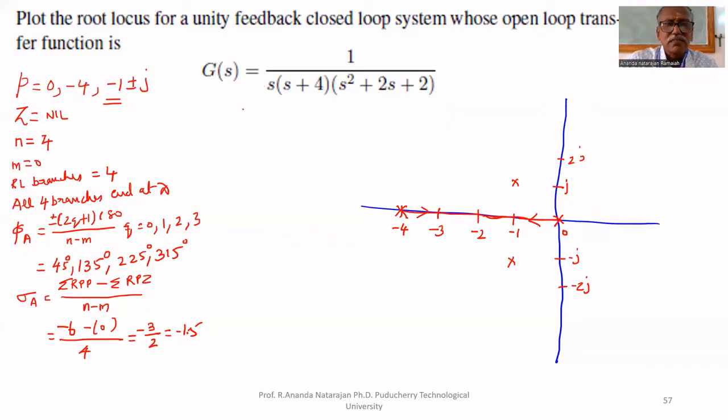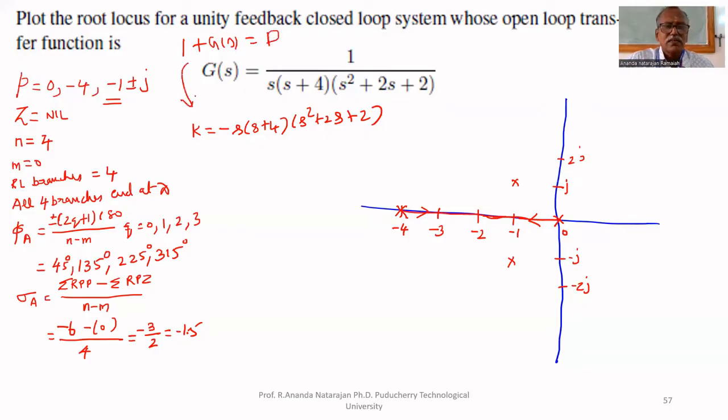We have to find dk by ds. K equal to minus s multiplied by (s plus 4) multiplied by (s square plus 2s plus 2), because 1 plus G(s) equal to 0 is the characteristic equation.